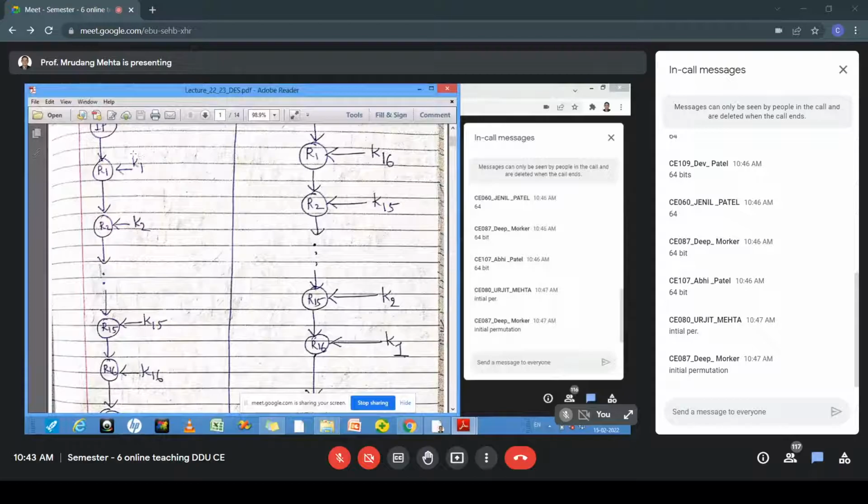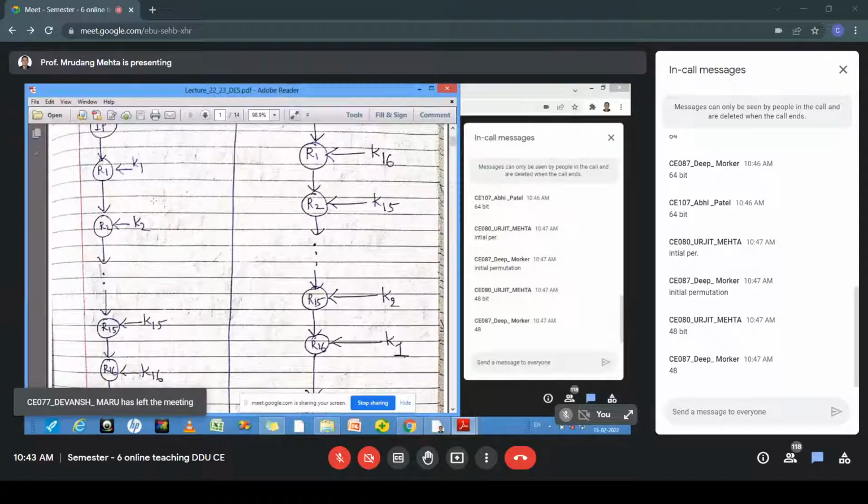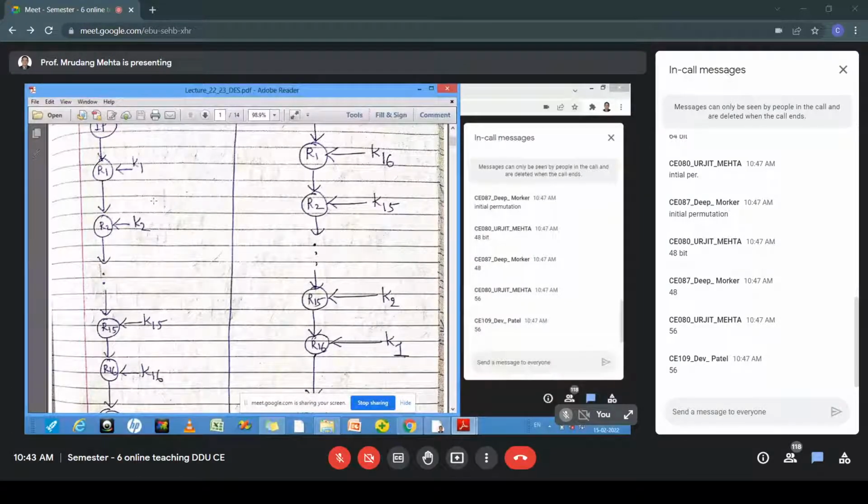In each round, it takes K1, K2, K15, K16, right? What is the size of this K? 48 bits. And this 48-bit key is generated from which size of key? 56 bits, correct, right.